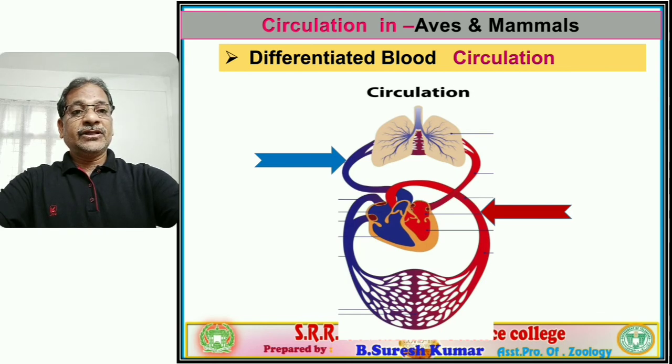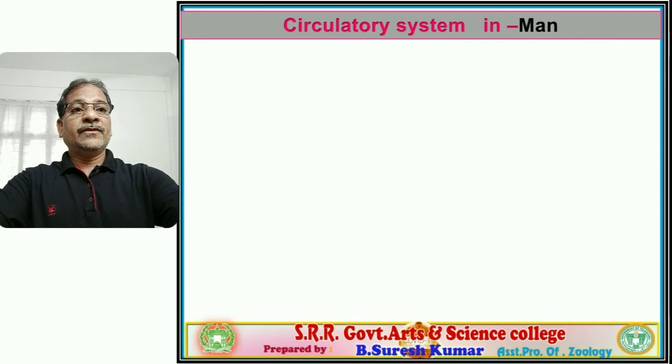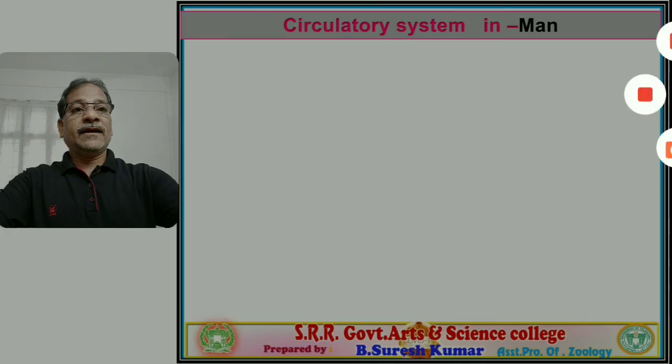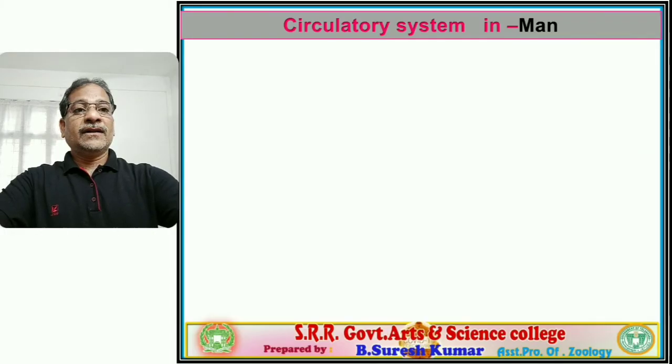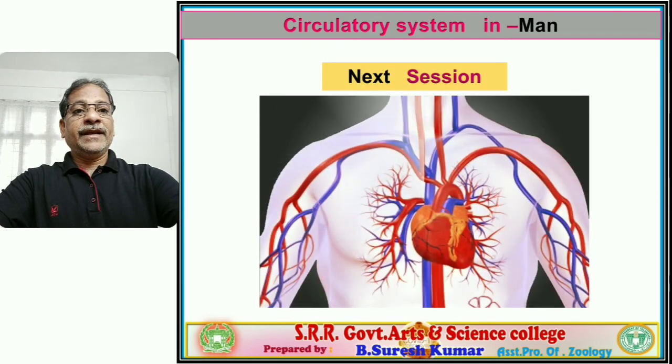And in the heart chamber, the oxygenated and deoxygenated blood never mix, hence it is called differentiated blood circulation. So in the next class we are going to discuss in detail the circulatory system of human beings.